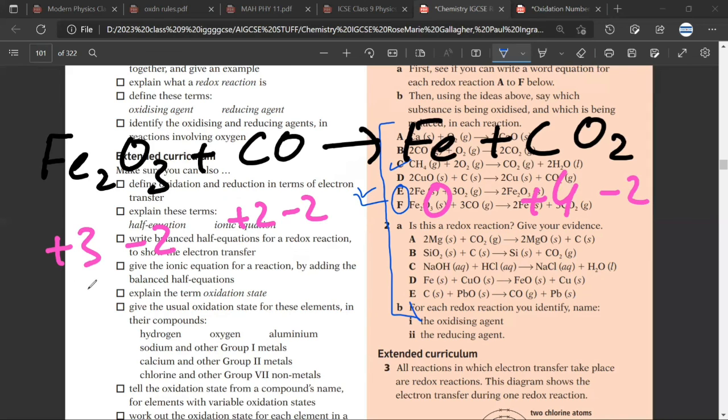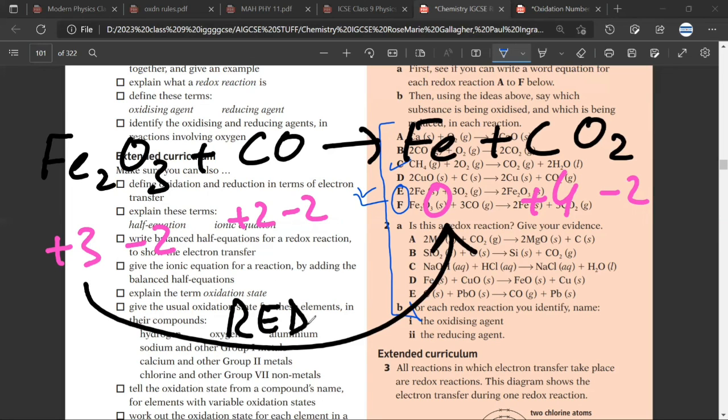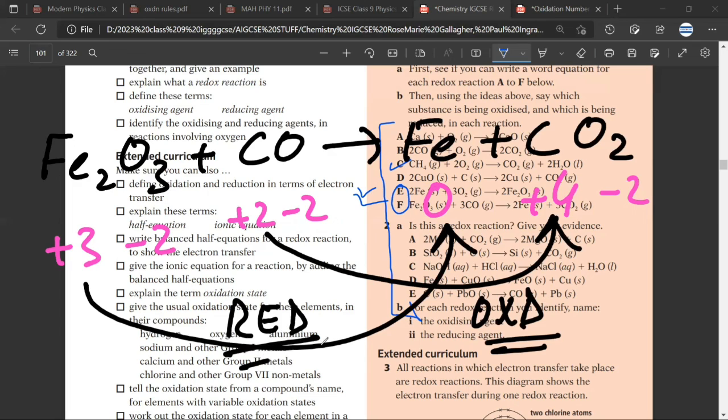And let us look at iron: reduction. Why? Because there is a decrease in oxidation number. If I look at carbon, it is increasing, so oxidation is taking place. Do you see how easier it becomes when you look at the reaction in terms of oxidation number? That is what I wanted to cover today. Any doubt, Chris? No, sir.